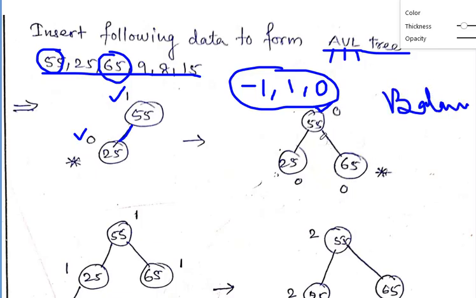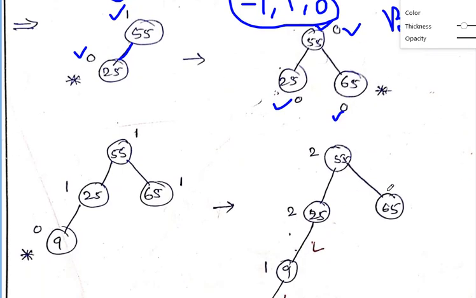Right now, 65 has been inserted. Balance factor of 25 is 0, balance factor of 55 is 1 minus 1, so it will become 0, and balance factor of 65 is also 0. So that's why 65 is perfectly inserted over here.